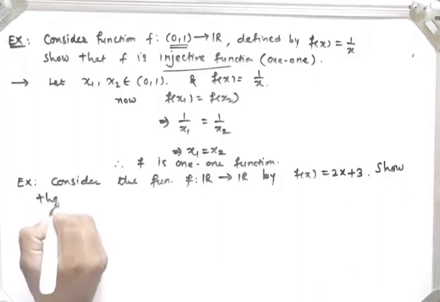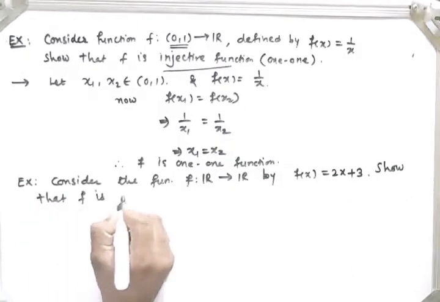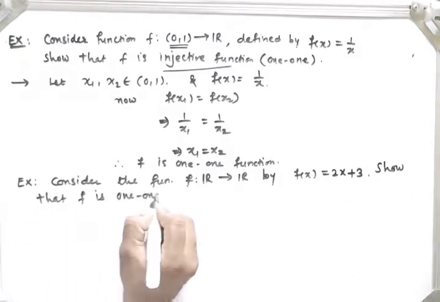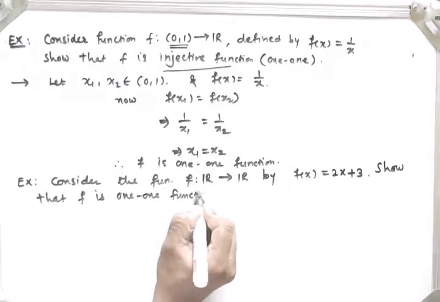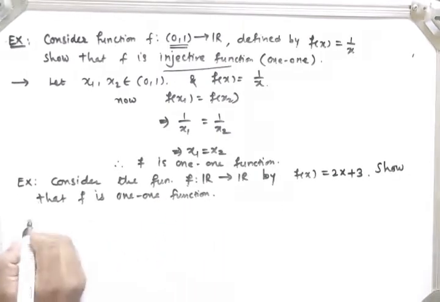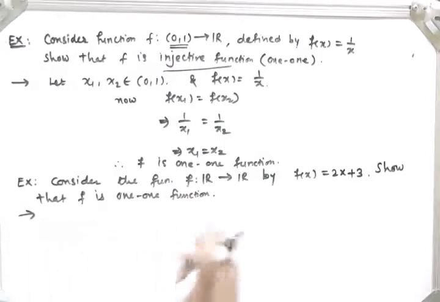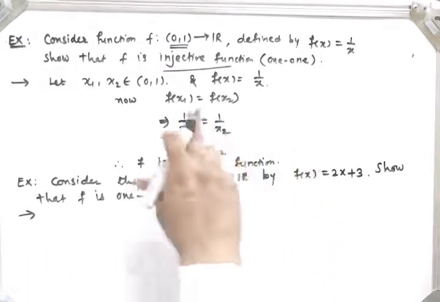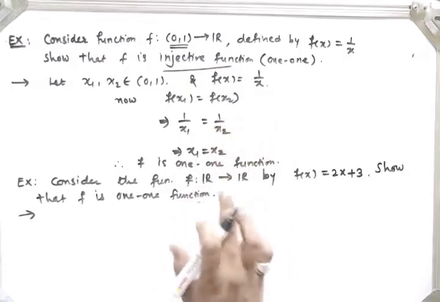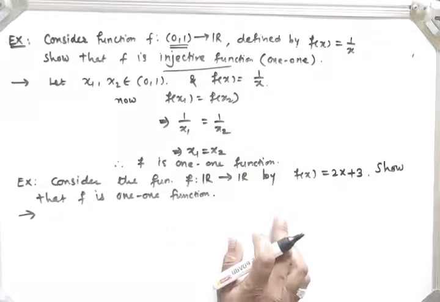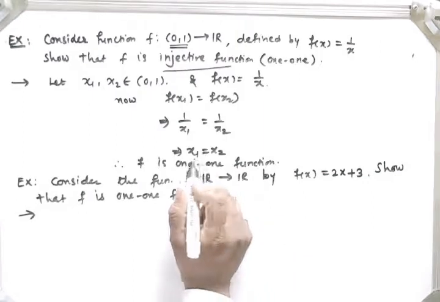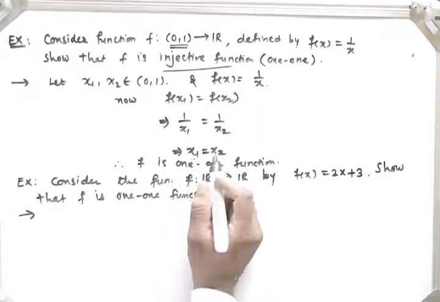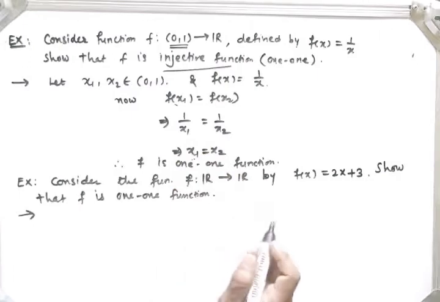Show that f is 1-1 function. 1-1 means injective function. So we have to show this function by using either if f of x1 is equal to f of x2, then show that x1 is equal to x2, or in other ways, if x1 not equal to x2, then show that f of x1 not equal to f of x2.